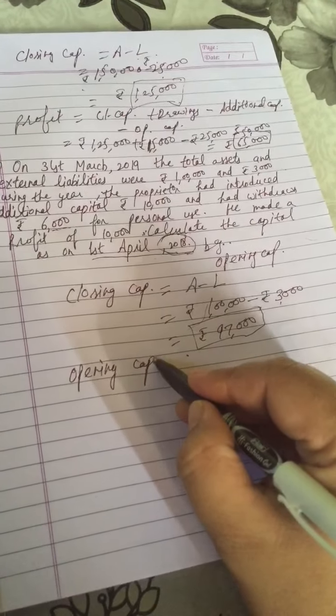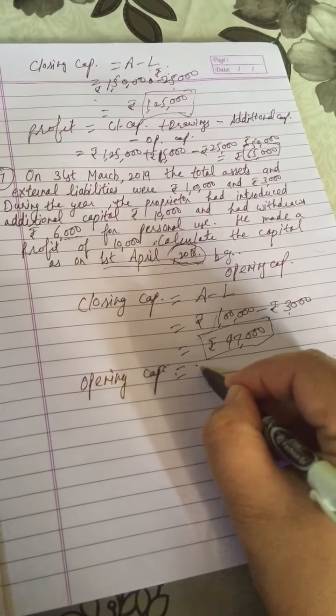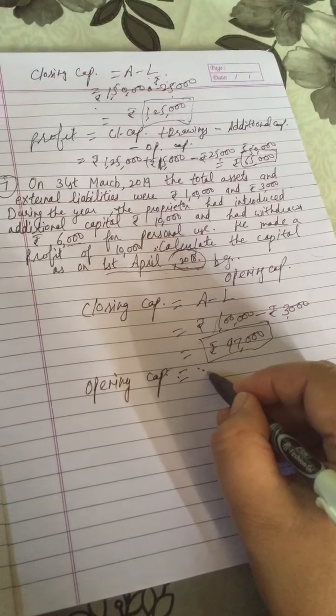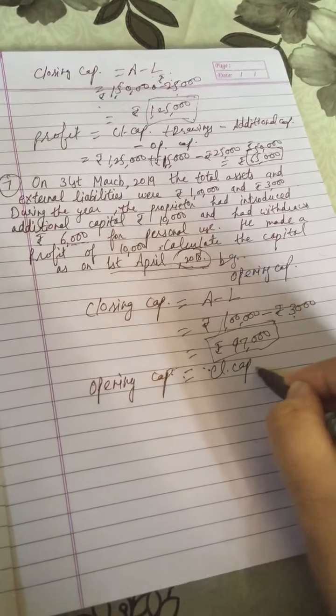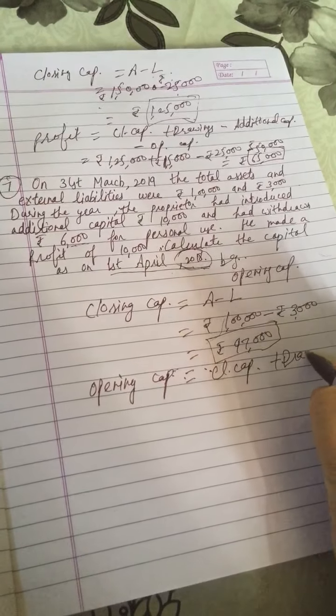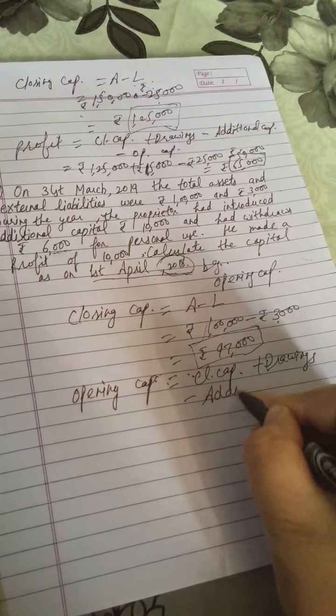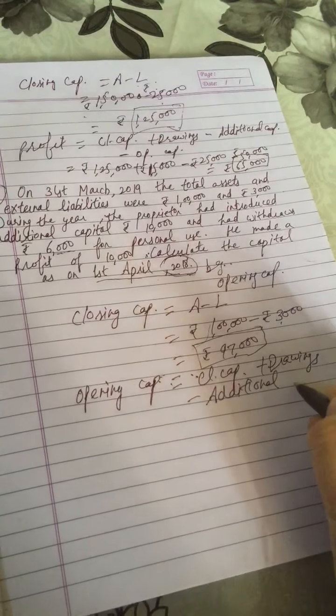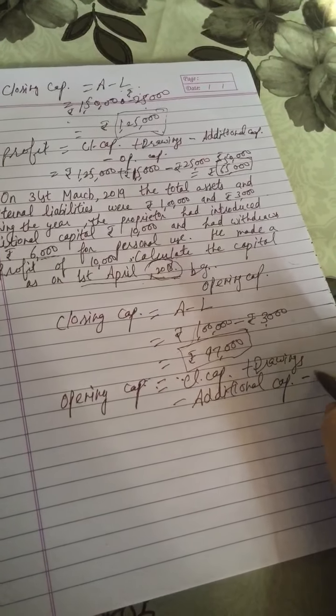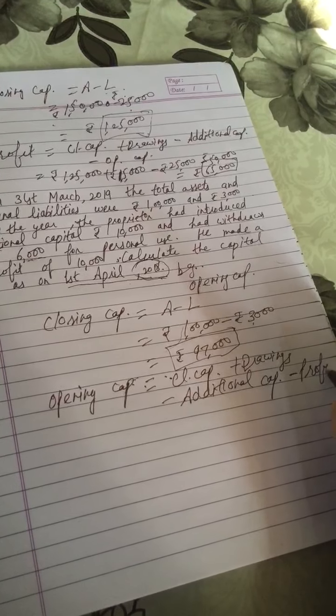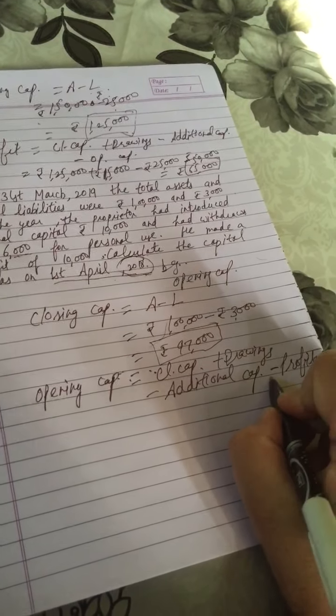Okay, means the formula changes if loss is given. Closing capital plus drawings minus additional or fresh capital minus profits, means if loss is given, then loss will be added.